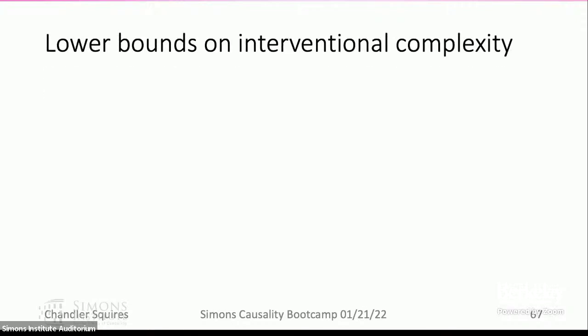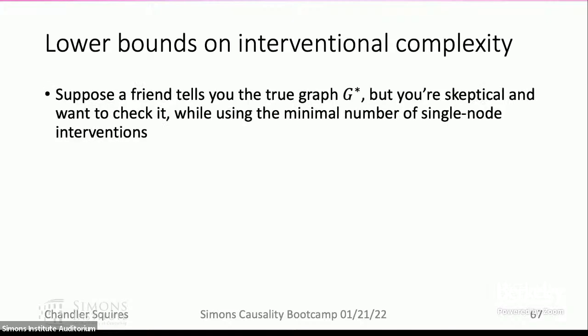Okay, so now we're moving on to this question of kind of lower bounds that just depend on either the graph itself or something like the Markov equivalence class. So how good can we hope to do in the best case instead of the worst case?